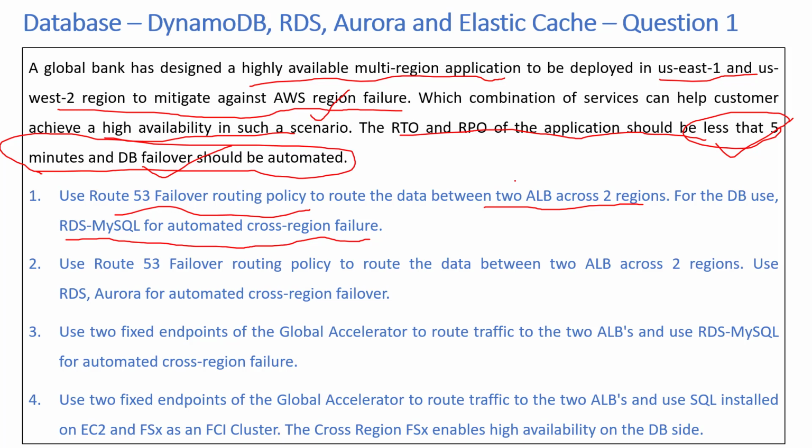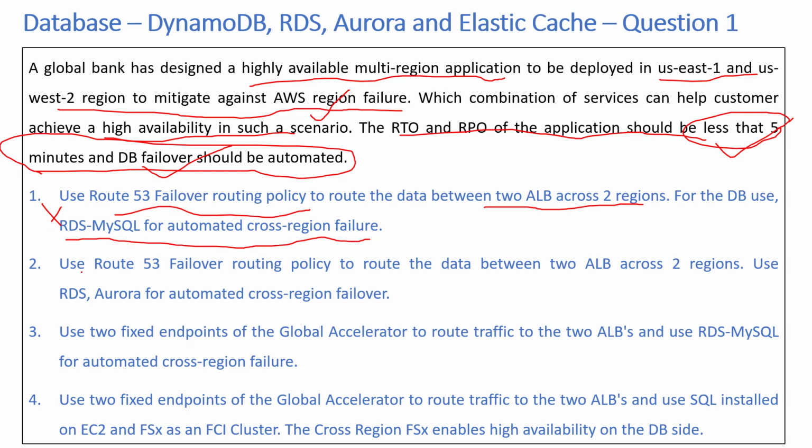Similarly, it does not allow for automated cross-region switchover. If you have a read replica in another region, there's going to be some lag, and if there is a regional failure in the primary, it will not automatically switch over to the read replica in the secondary region. You have to do that manually. So most of the time an RTO or RPO of 5 minutes will not work. So this option you need to rule out.